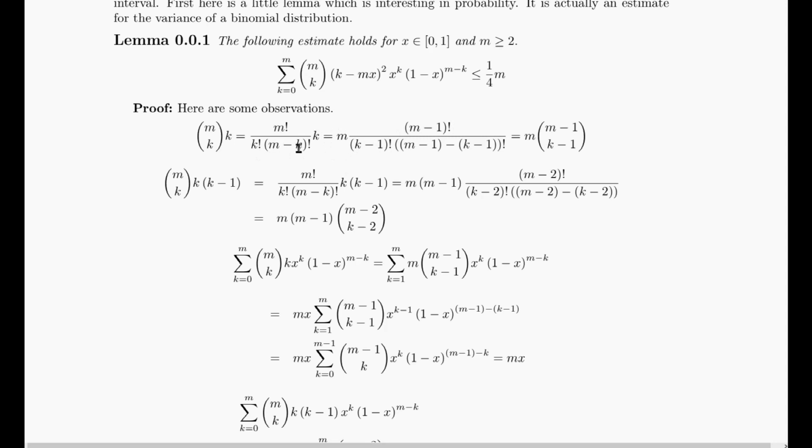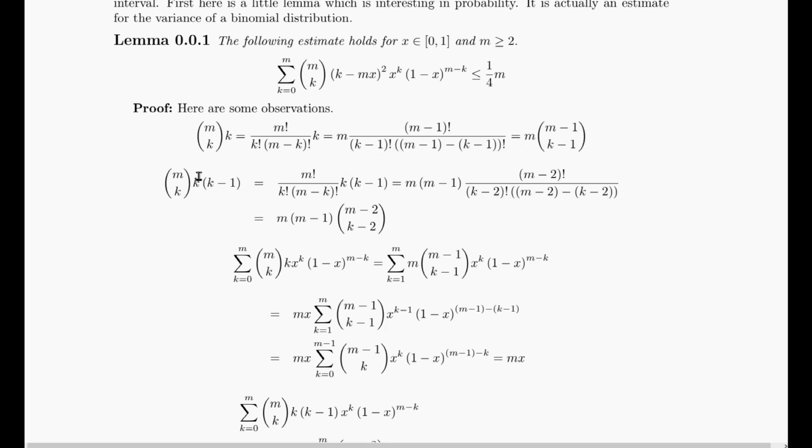And then the m minus k I will write in the form m minus 1 minus the quantity k minus 1. So if I look at what I've got here, it's just m times m minus 1 things taken k minus 1 at a time.